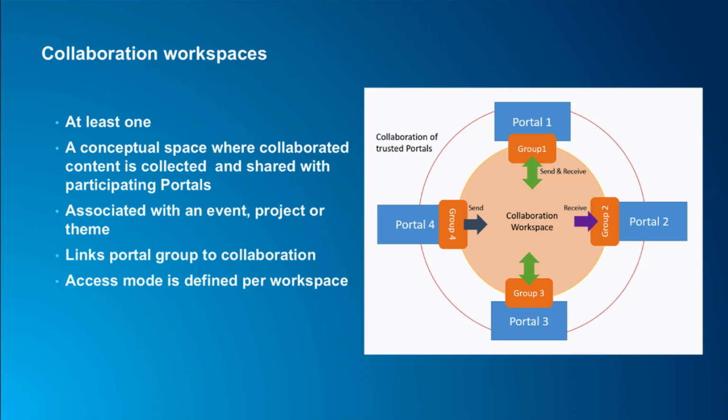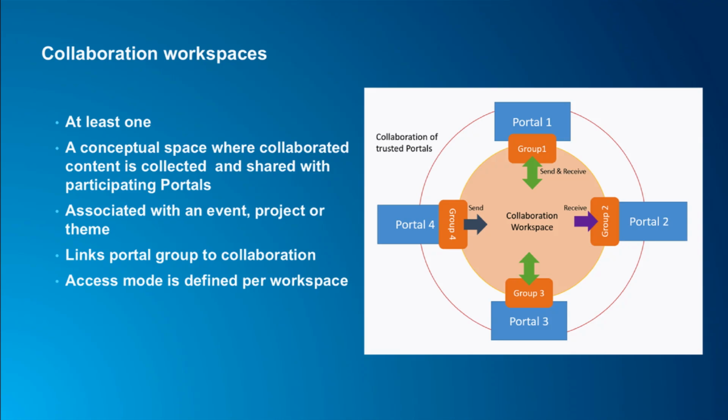Some can send content, some can receive content, and some can send and receive content at the same time. There is at least one workspace, and you can have more than one collaboration workspace in your collaboration. It's associated with a project or a theme, as I've said before. It's a way to organize your content within a collaboration.